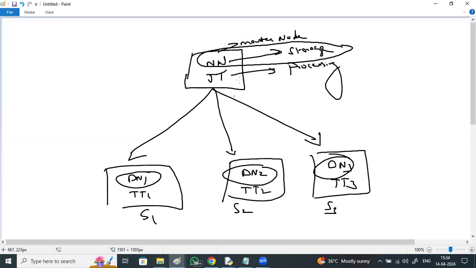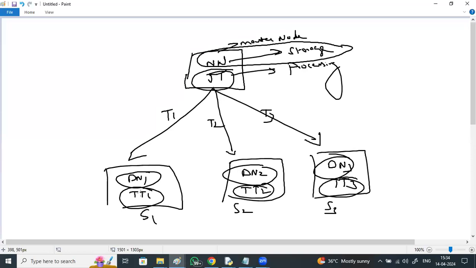Anything related to processing, the job tracker and task trackers will take care of. Who assigns the jobs? Who assigns the tasks? Job tracker. Who executes the task? Task trackers. Previously, in a generalized way, I said slaves execute the task, but within the slaves we have task trackers. Those task trackers are going to execute the tasks.